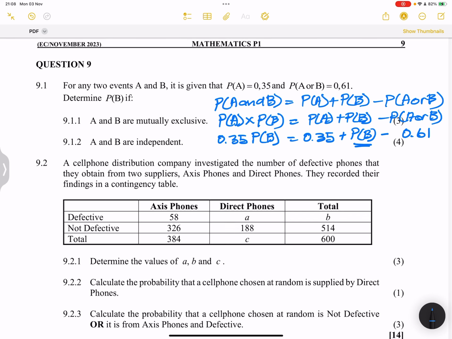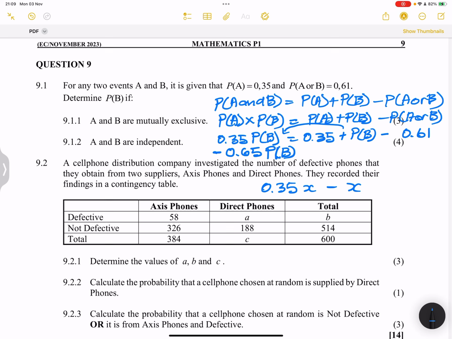Let me take probability of B to the other side. I'll have 0.35 probability of B minus 1 probability of B. So that will be minus 0.65 times the probability of B. Note in this case, this is the same as saying 0.35x minus x.